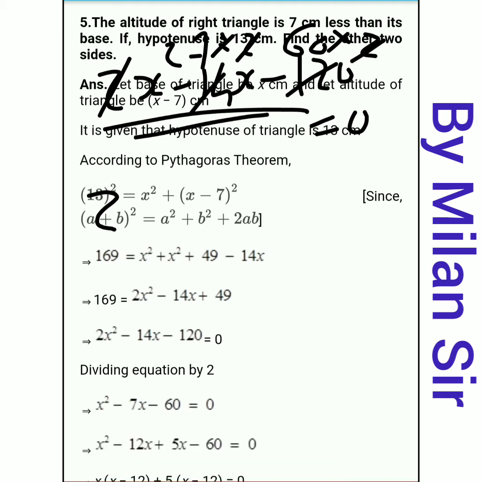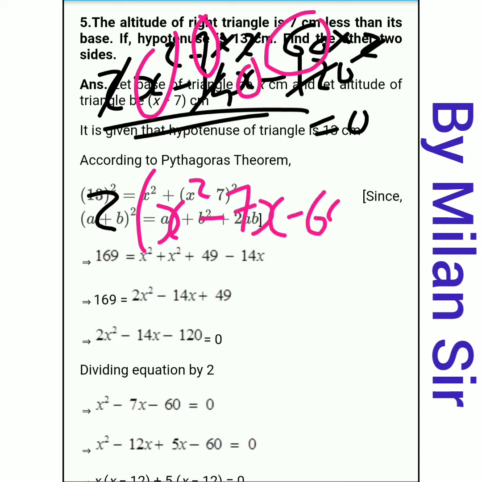Now what is remaining here? It is x square. Then in second term we have 7x, and at last we have minus 60 is equals to 0. Now we need to transfer this 2 to the right hand side, so it goes to the denominator.